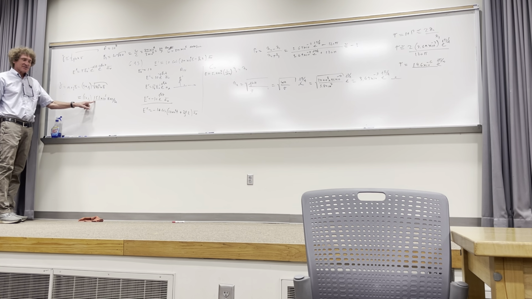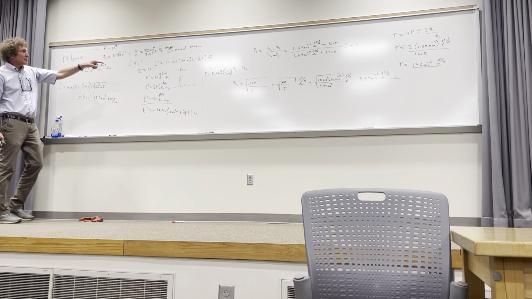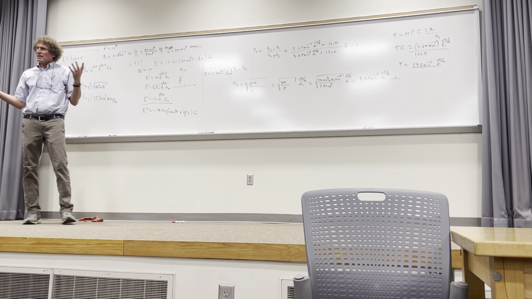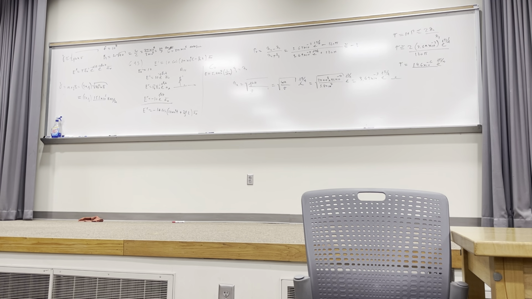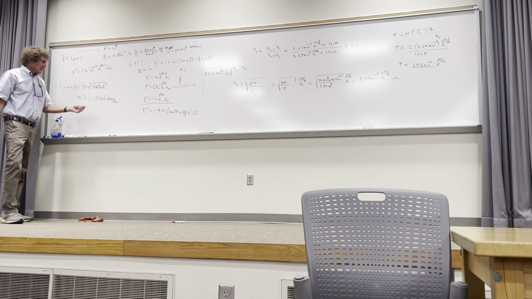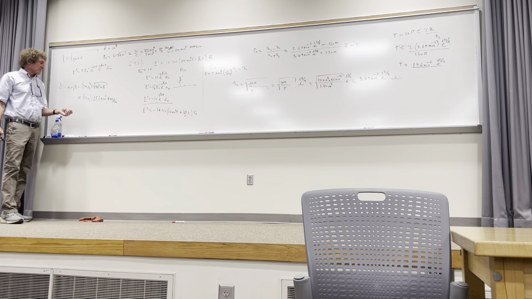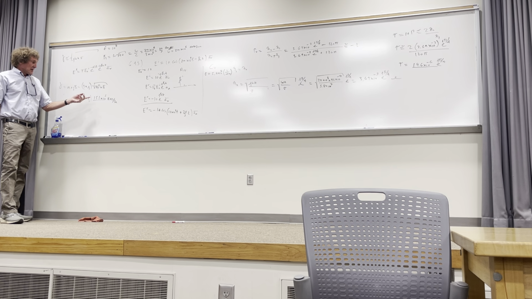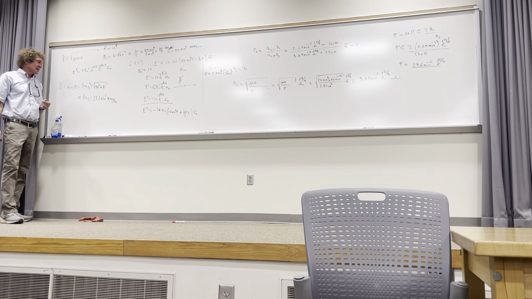What do you notice about the size of this compared to beta in the first one? Beta there was 2 pi over 3, right? It's a little over 2. Look at this: it's 1.51 times 10 to the 5th.